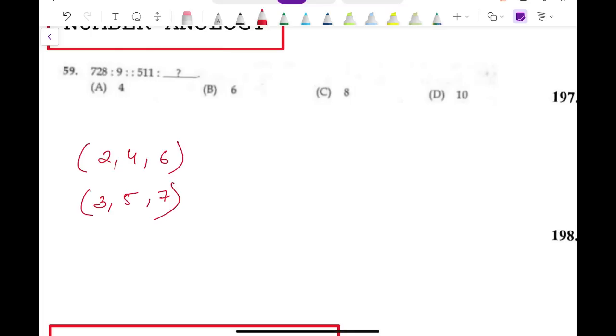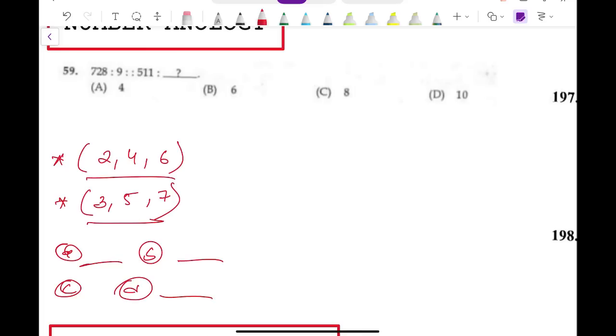You may be given two sets like this, and you will be given some options A, B, C, and D. And in your options, every set will be similar to this kind of thing. You will be asked which of the following options follows this operation. That means whenever you see this kind of question, you find a relation between these three terms.